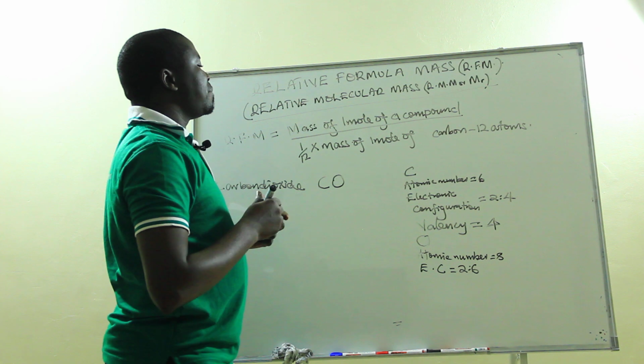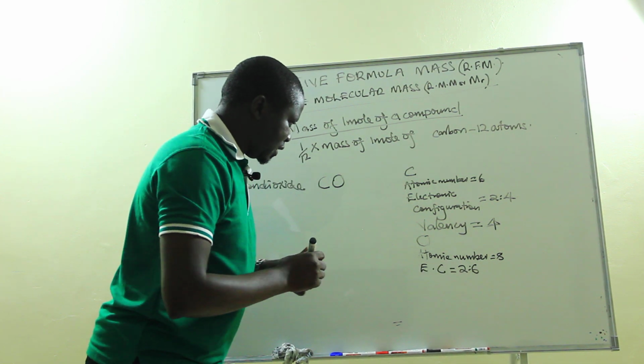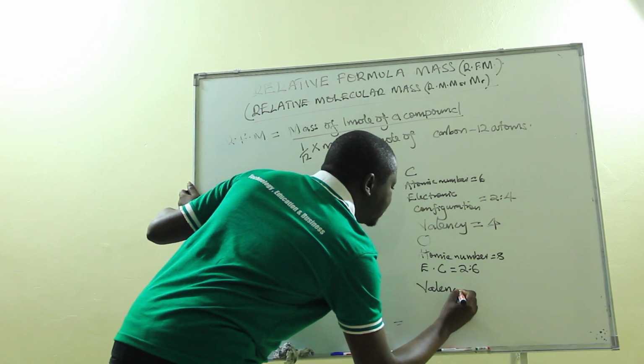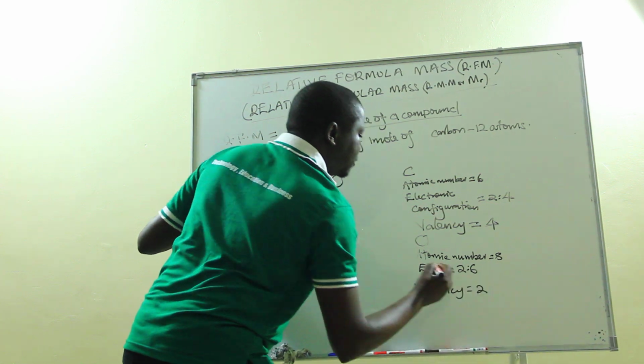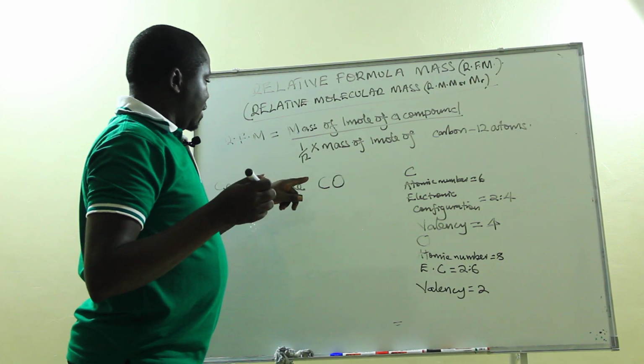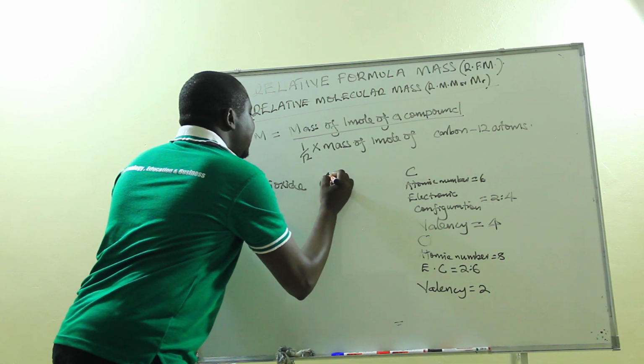So it is also a non-metal element. The valency is just 8 minus 6, and this gives us a valency of 2. Now, we are going to give carbon its valency of 4. We shall write it here as a power.